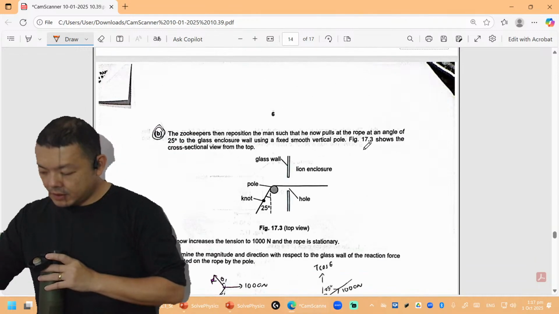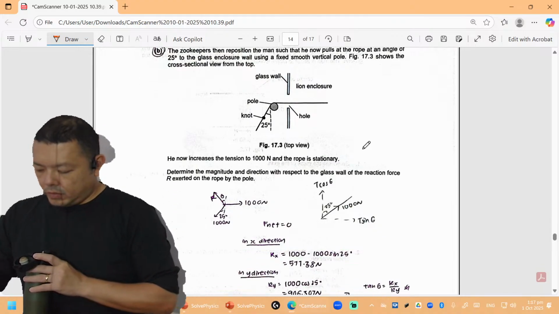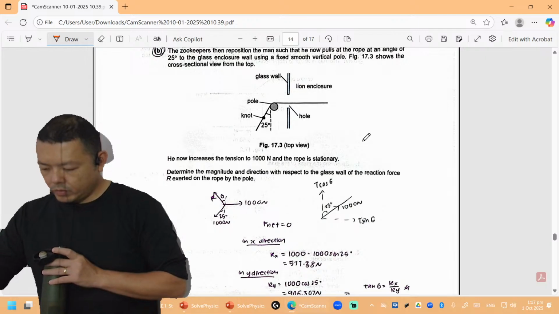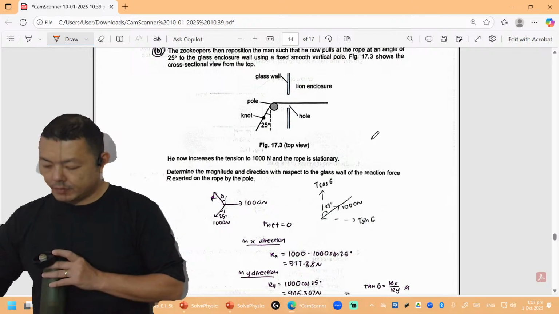Oh, part B. Determine the magnitude, with respect to the glass wall, of the reaction force R exerted on the rope by the pole.